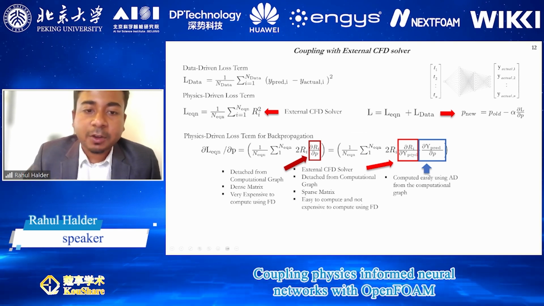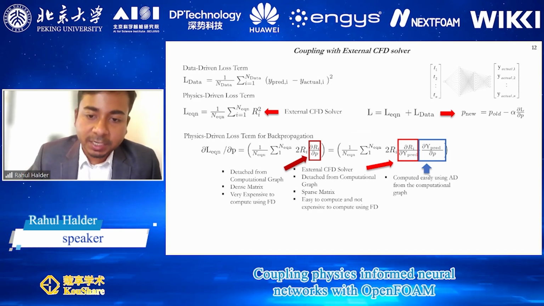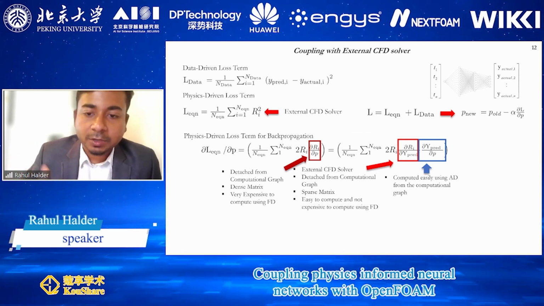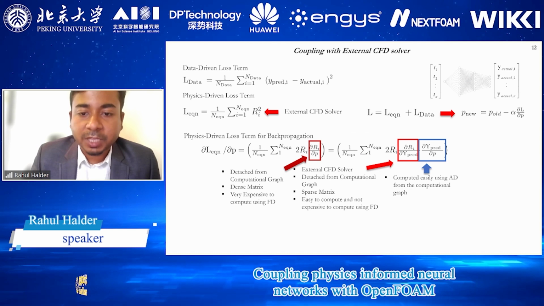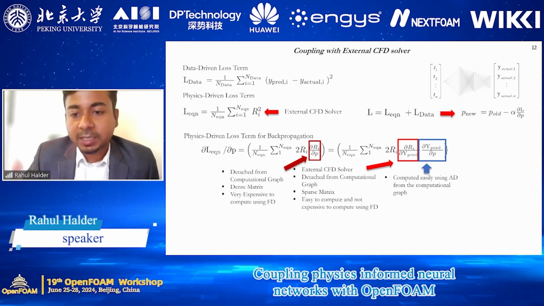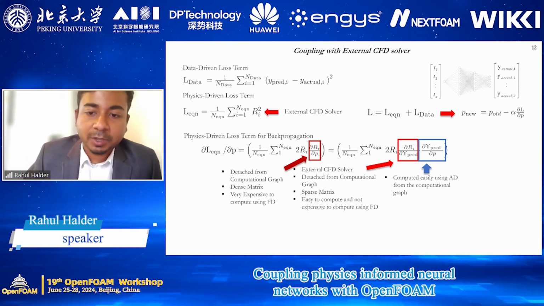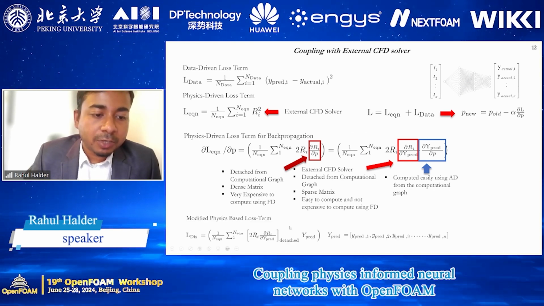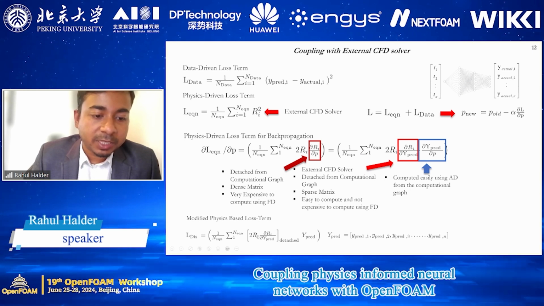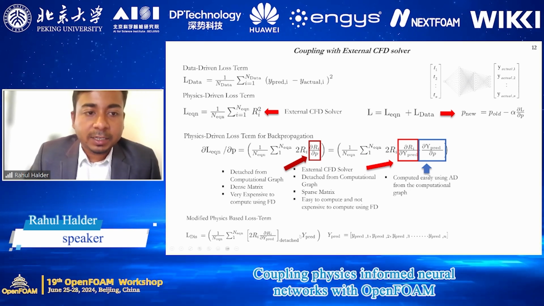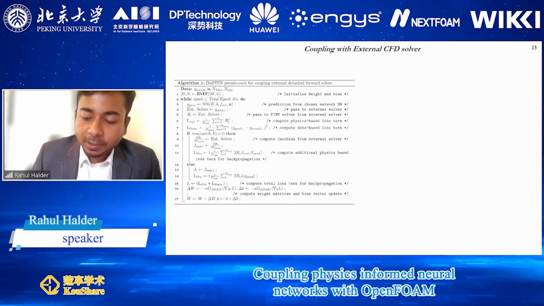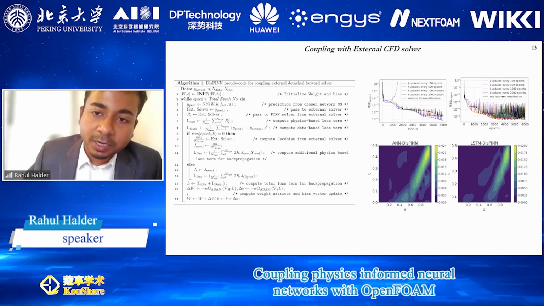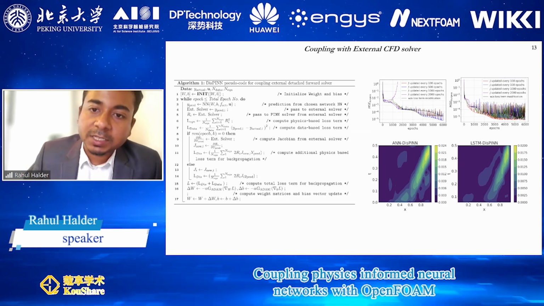These Jacobians you can update at every epoch iteration. So that's the idea: even if you cannot compute using AD, you can quickly compute them using finite difference by breaking them into two types of derivatives. The new loss term that should go into your loss backpropagation should be this, and this is the algorithm you can work with. I applied it first to a Burgers equation, but there the residual is not coming from OpenFOAM, it is coming from PyTorch.